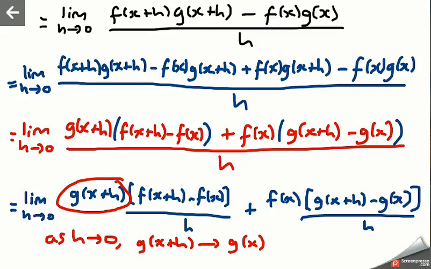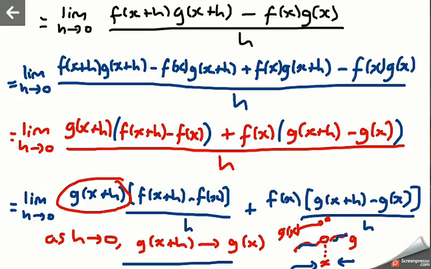So the function is actually not differentiable if it looks something like this, where this is the point x, and this is the function g, and then g of x is actually up here. Then that's a problem, because as we get closer and closer towards x, the function doesn't actually get closer and closer towards g of x, and that makes this condition no longer true.